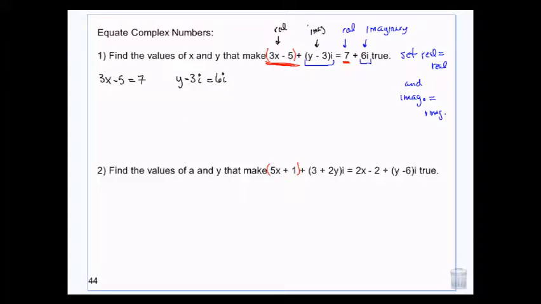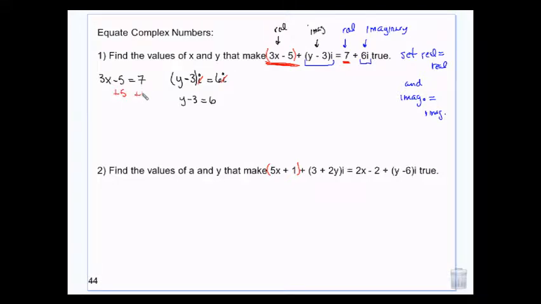Well, it's y minus 3 in parentheses, right? So the i's will cancel. So what I really get is y minus 3 equals 6. And then I can solve each of these to find out what x and y equal.